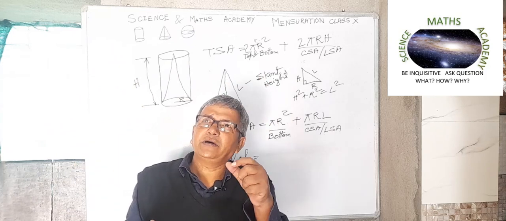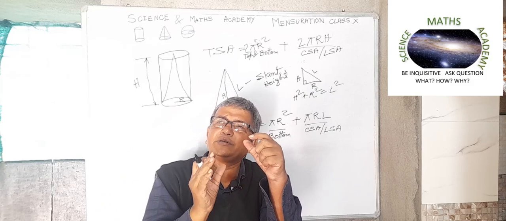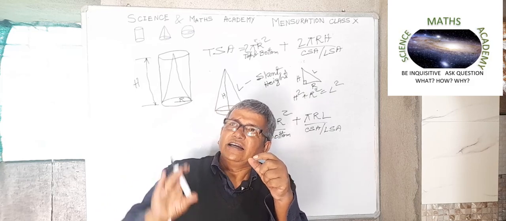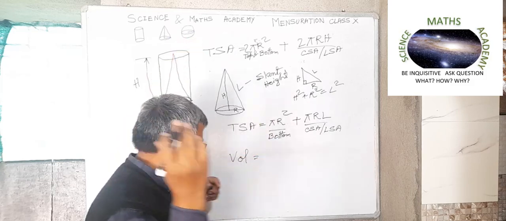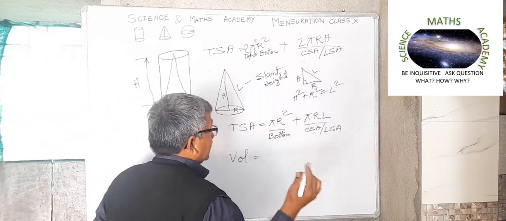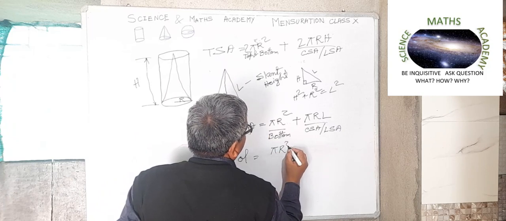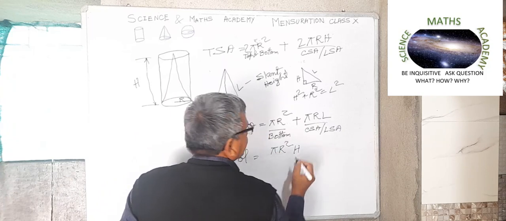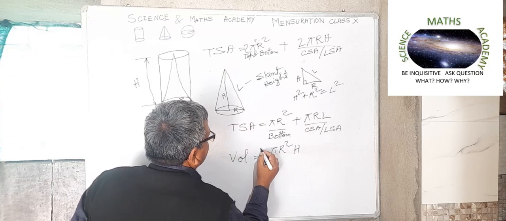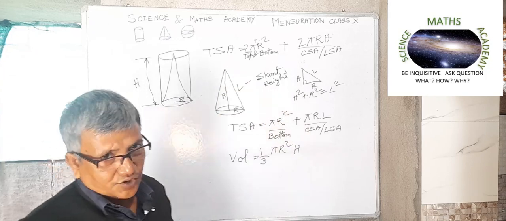A pipe's cross sectional area will be a circle, pi r square into height, pi r square h. Now I recap. What is the cylinder volume? Pi r square, the cross sectional area, into height. The cone's is 1/3 pi r square h.